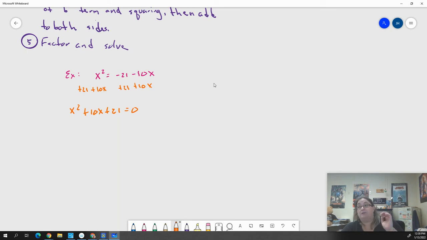And the next step says we're going to move the c term, the constant, to the right-hand side. What is our c term in this circumstance?